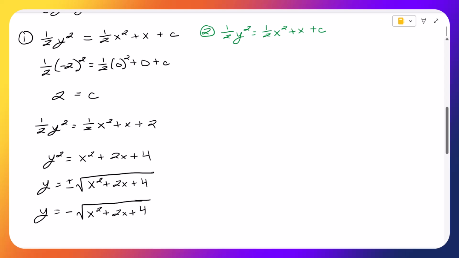So let's solve this for y. It's going to end up with the same thing that we got here. This y squared equals x squared plus 2x plus 4. Or y equals the square root. Plus or minus the square root of x squared plus 2x plus c. Because I don't have 4 yet.